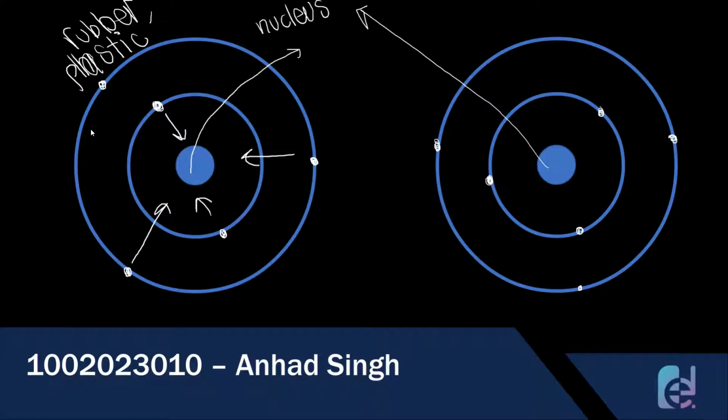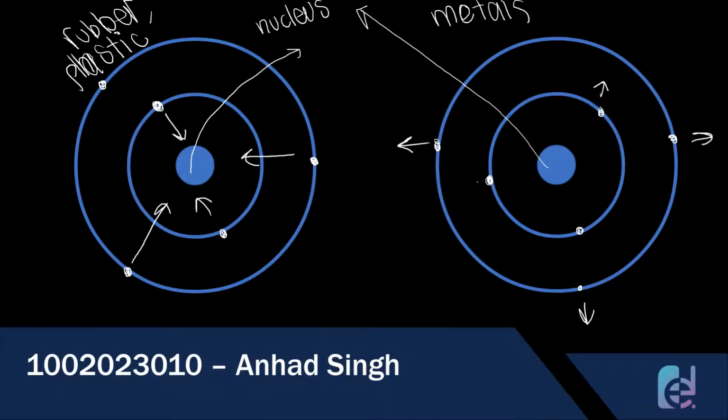And in other atoms, you have nuclei where the nucleus isn't as good at holding electrons. So the electrons are more free to move around. These atoms make up materials like metals.